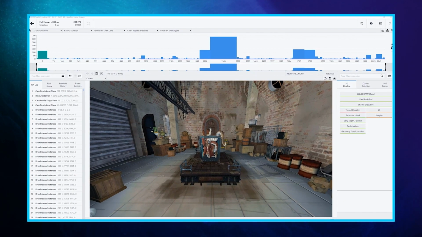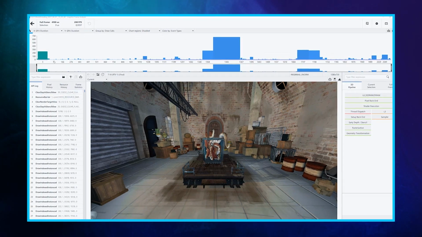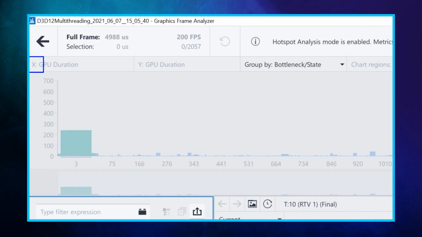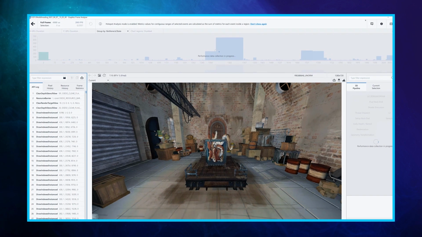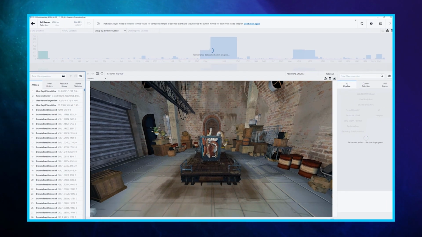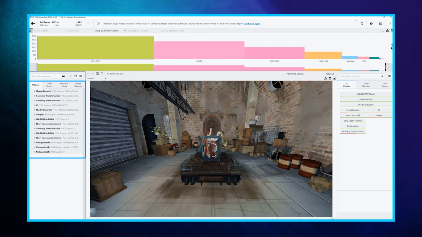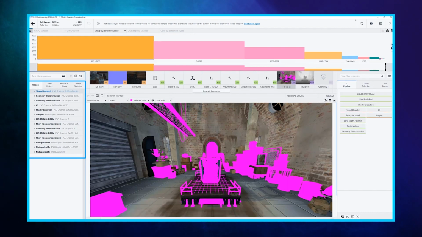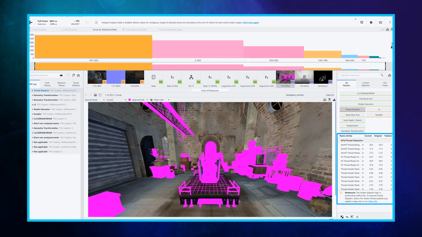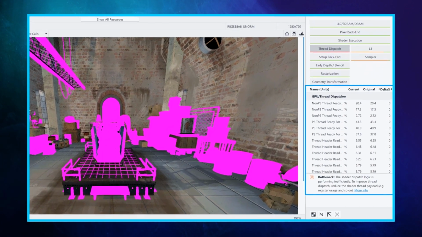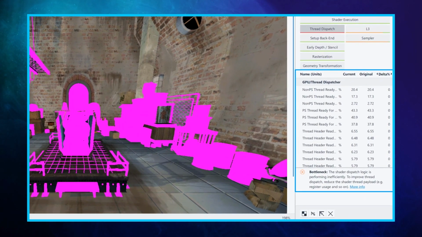In Graphics Frame Analyzer, enable hotspot analysis by clicking on the button in the top left corner of the tool. The bar chart across the top then shows the bottlenecks, and the API log in the left panel changes to show the bottleneck types. When you click on a bottleneck, the metrics viewer will show more details about the bottleneck, with metrics descriptions and suggestions to alleviate the bottleneck.